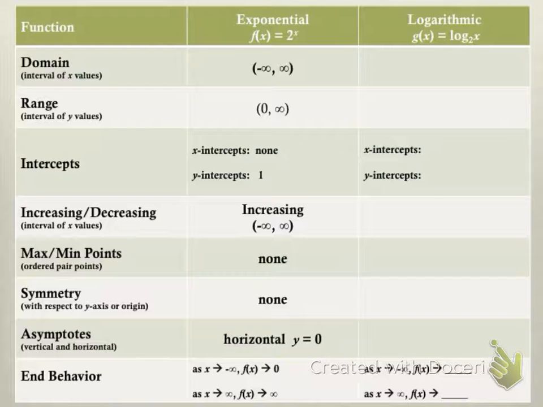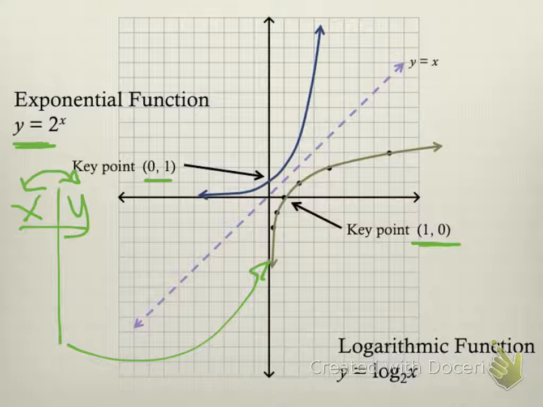Now, if we actually analyze a logarithmic function real quick, again, we're going to do this in comparison to the exponential. So in the exponential of 2 to the x, we have a domain that's all real numbers, and we have a range of 0 to infinity. Because of that switch that we've made, now the domain and the range switch. Since x and y values switch, domain and range will switch.